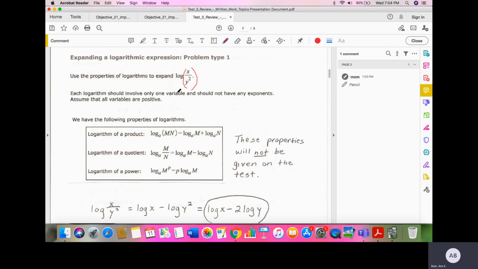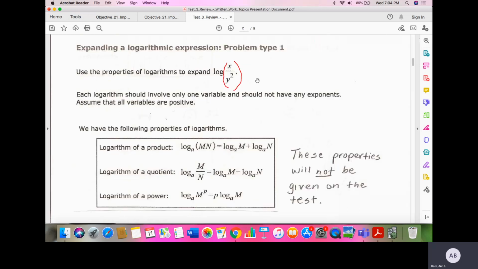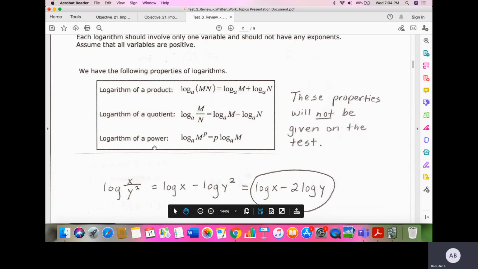So we have some properties of logarithms, and they are logarithm of a product, logarithm of a quotient, and logarithm of a power. These rules are named for what's going on in the argument. So we have log base A of the argument mn.